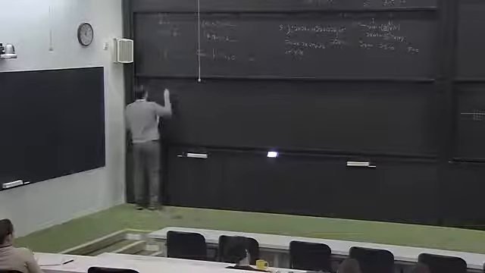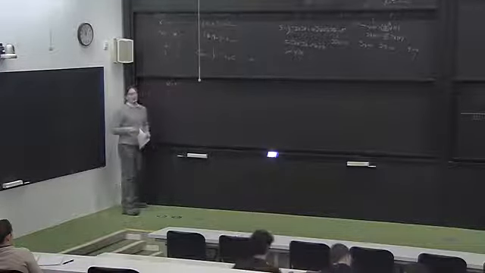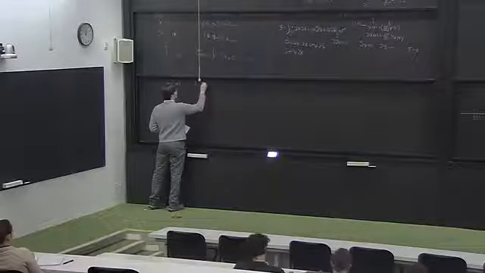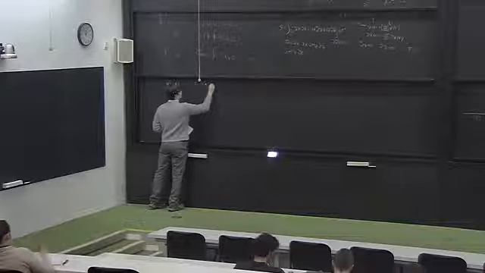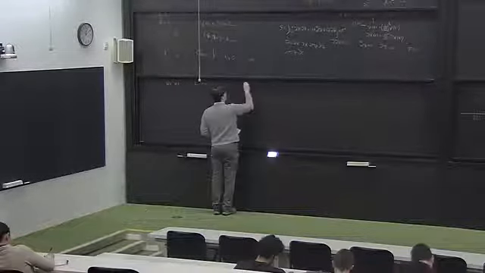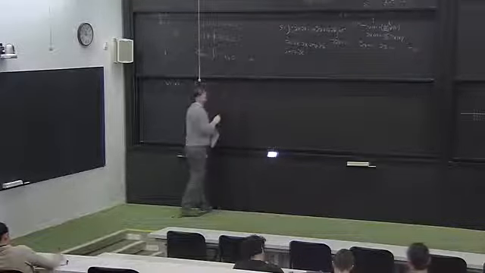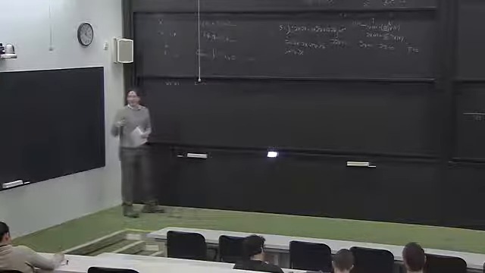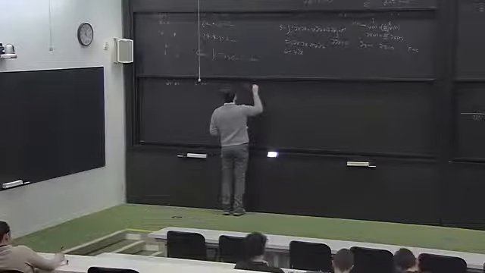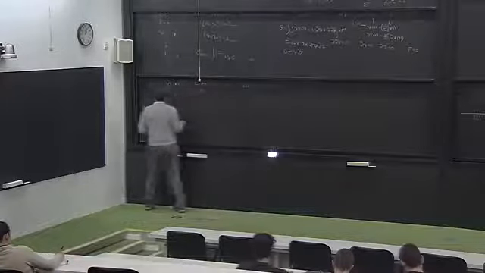So we can start computing things. We want to find states that are killed by the L_n's and by L_0, possibly modulo null states, and also killed by the G_n's.